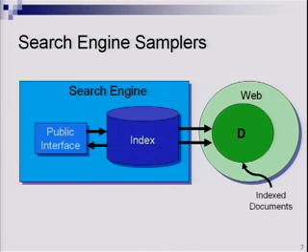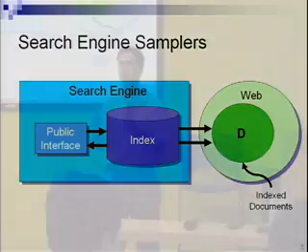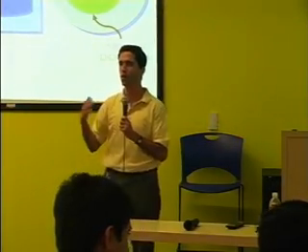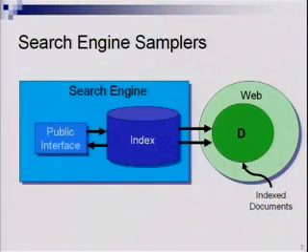Throughout this talk we denote the corpus of documents pointed to by the index by D. We call it the corpus of the search engine or the corpus of index documents, or sometimes we simply call it the index, although we just mean the corpus of the documents.